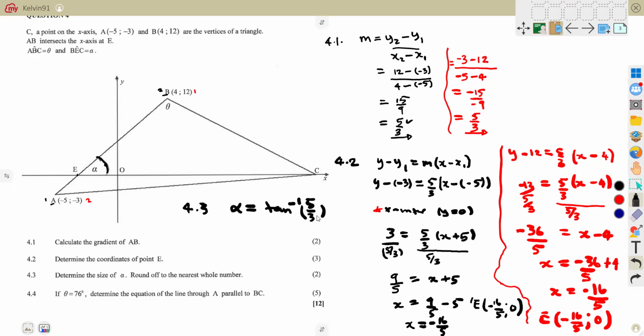We are getting 59.0. But the question is saying here the answer is a whole number. So it means the alpha is equal to 59 degrees because we are getting 59.0. So here we are getting 59 degrees.